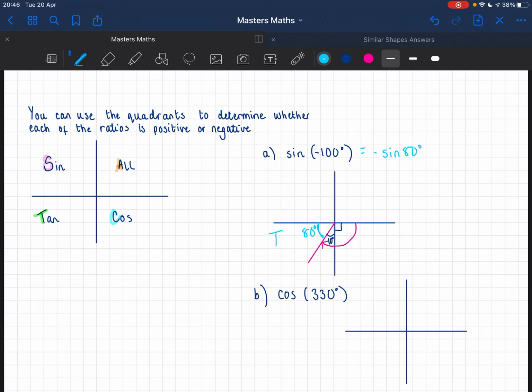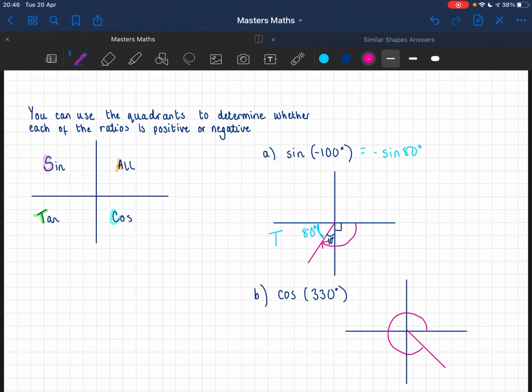So cos 330, it's positive, so we are traveling from the positive x-axis in the anti-clockwise direction, 330 degrees. So we're starting here, we're going all the way around. This would be 270, so 330 is going to be somewhere here in the fourth quadrant.